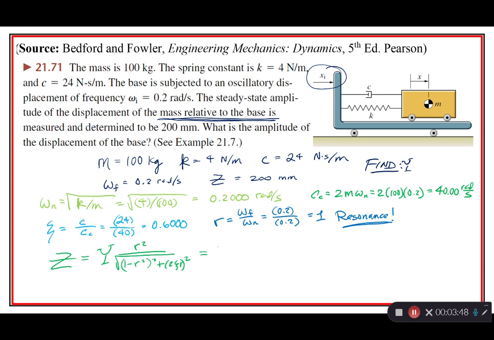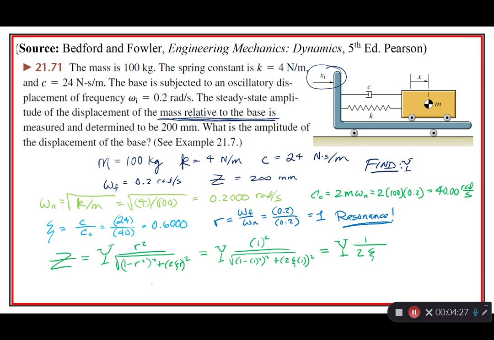So we could say that we have Y right here, but we have 1 squared, and then square root of 1 minus 1 squared, right? So it all just turns into 0, plus 2 squiggle 1 squared. So what we're left with is 1 over 2 squiggle. I think so, right? Because these things got squared, but then they got square rooted.